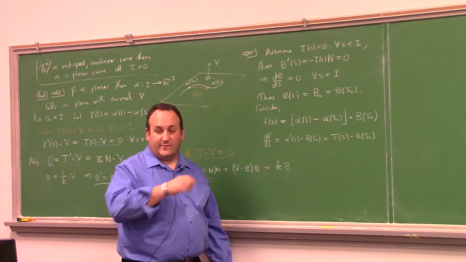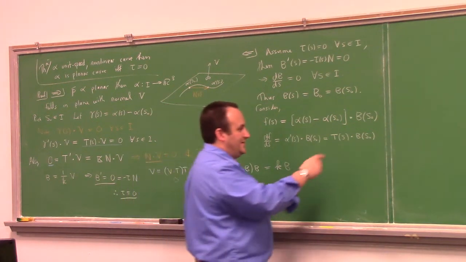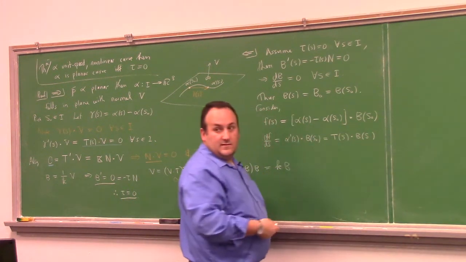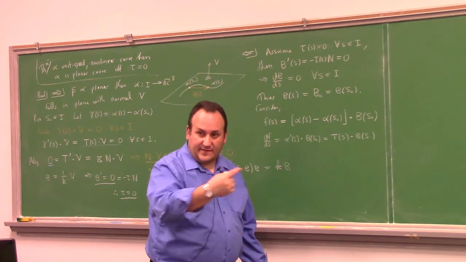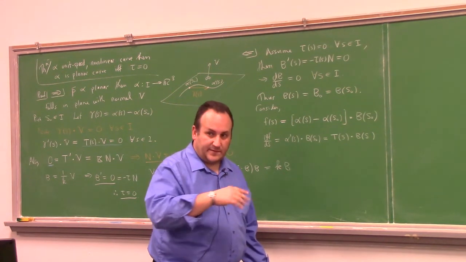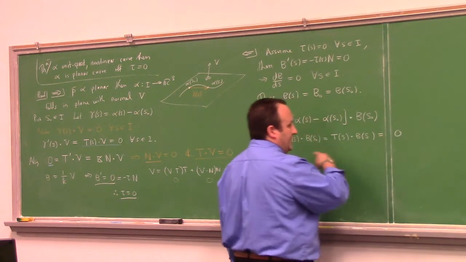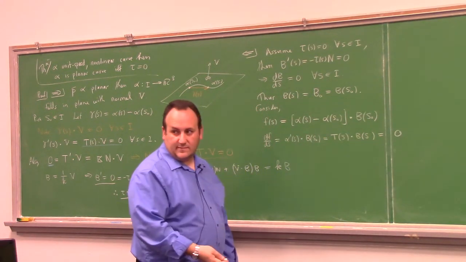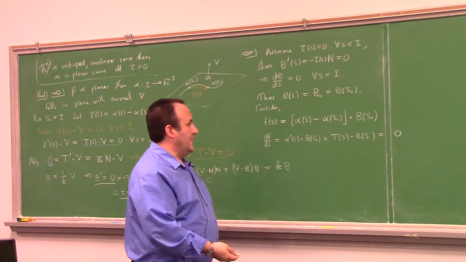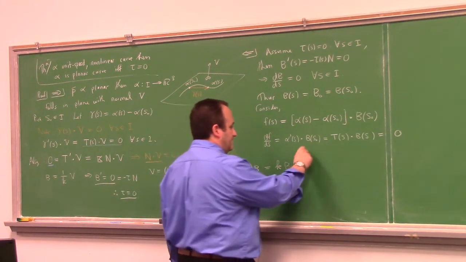So whatever s I'm looking at, this is just the same as b of s. Now that I'm comparing them at the same arc length, I know that the dot product's 0. And that's true for all s, right? So f is constant.